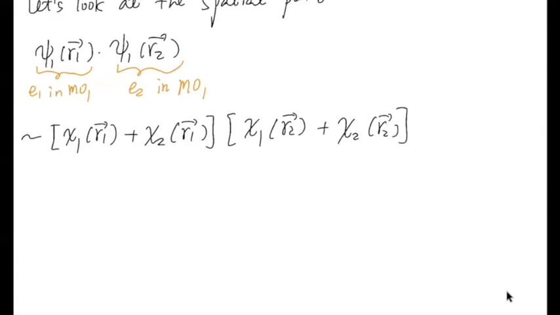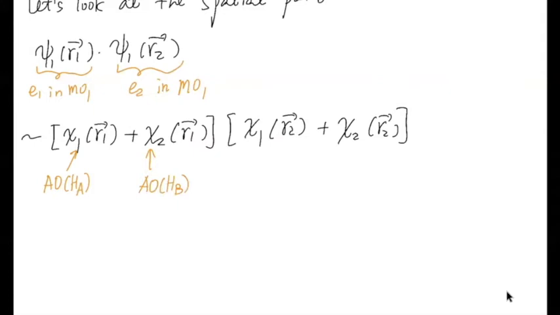This is the first molecular orbital. Here, this 1 means the first atomic orbital, the atomic orbital of the first proton, or hydrogen A. This chi2 is the atomic orbital of the second proton, which is hydrogen B, right?